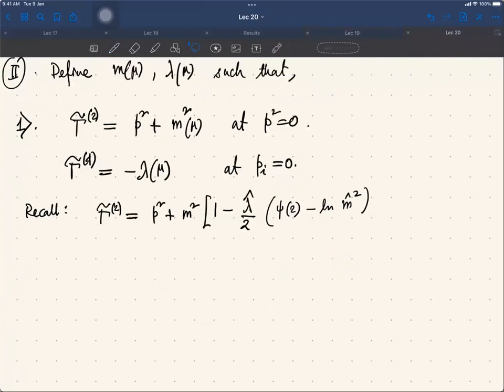So m square lambda hat has been written. I have written an extra factor of half outside, so minus 2 f1.